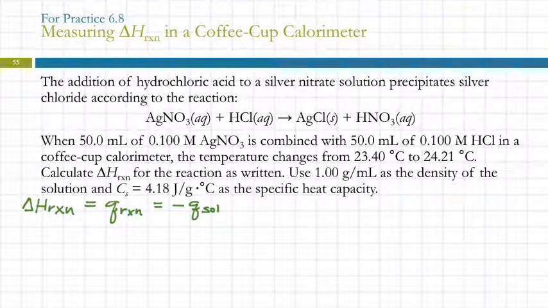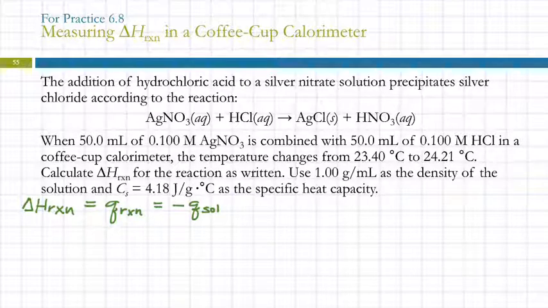The reaction is giving energy to the water, and that's why the solution temperature goes up. We can't directly calculate this, but we can calculate this. Q for the solution is mc delta T, right?